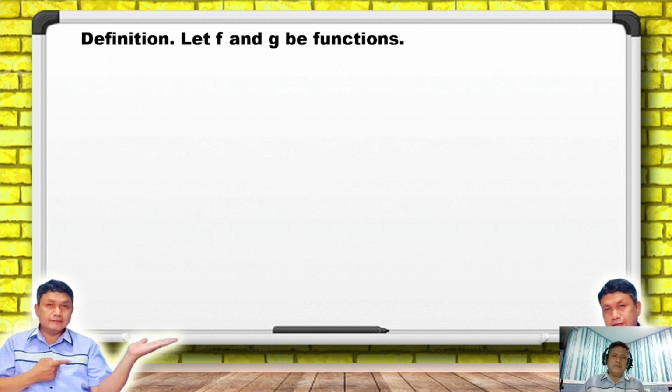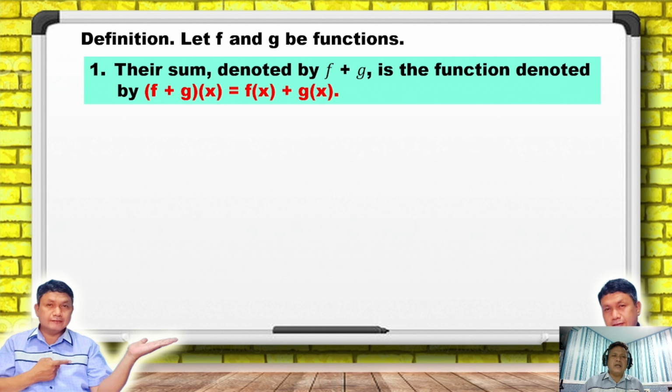Okay, so we have here the definition. Let f and g be functions. So in terms of addition, their sum is denoted by f plus g, the function denoted by the quantity of f plus g of x is equal to the f of x plus g of x.